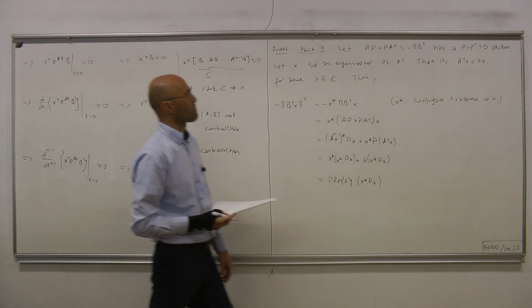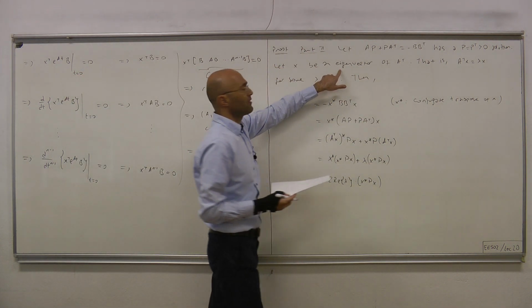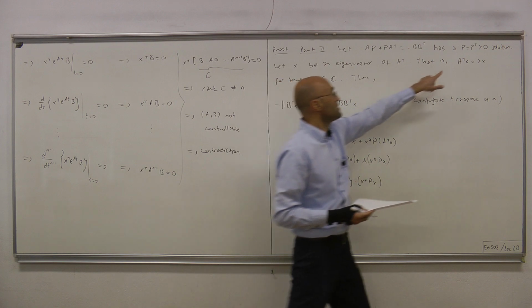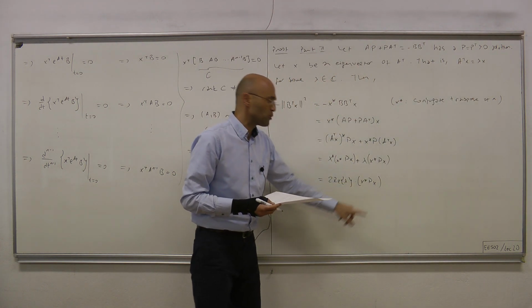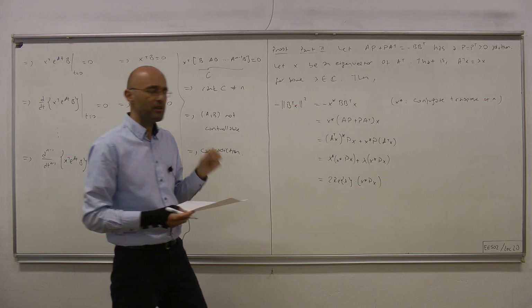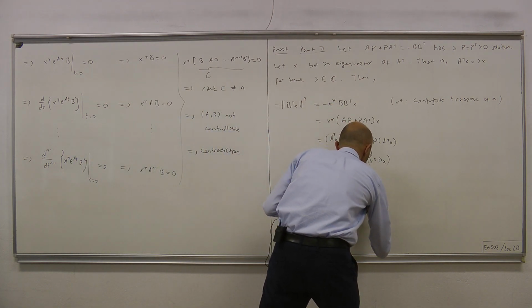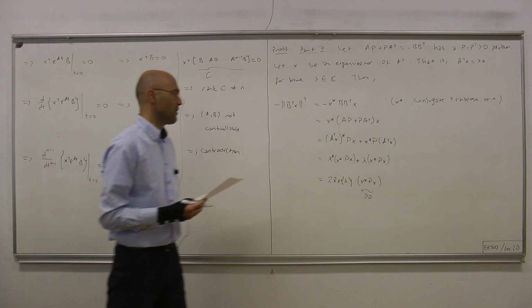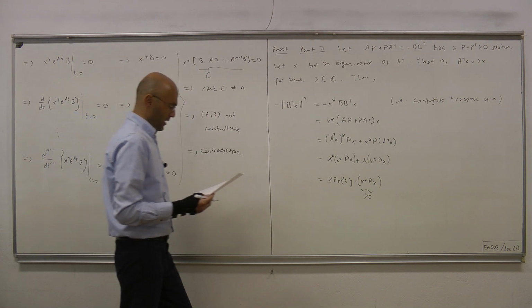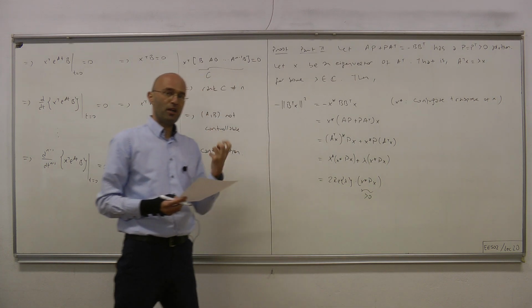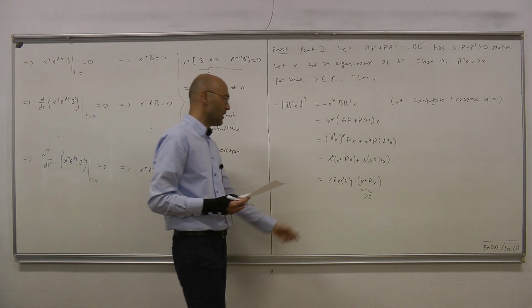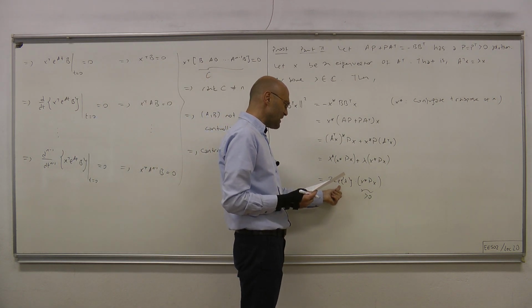Now, X is an eigenvector, therefore it's non-zero. P is a symmetric positive definite matrix, therefore by definition X conjugate transpose P X must be a positive real number. And because the system is exponentially stable, the real part of λ is negative.